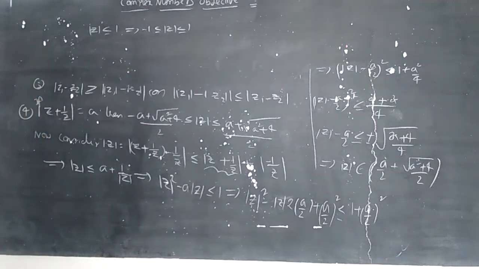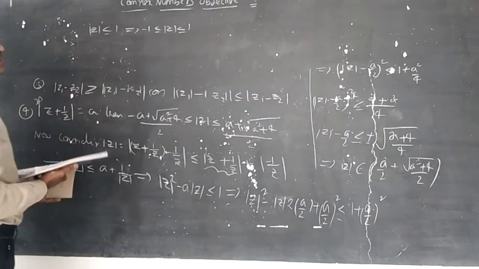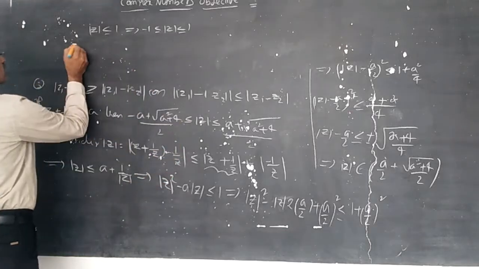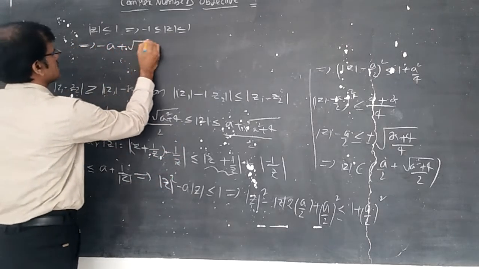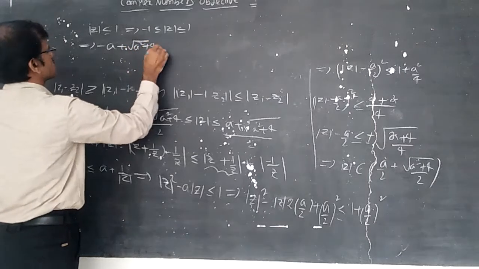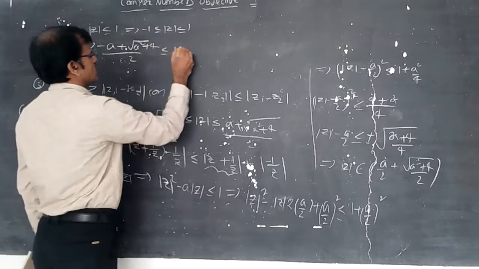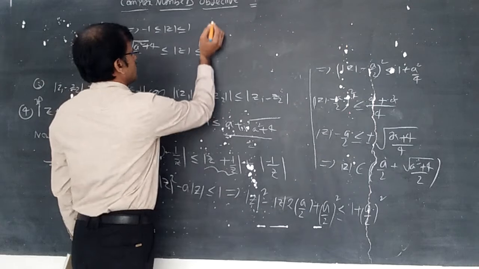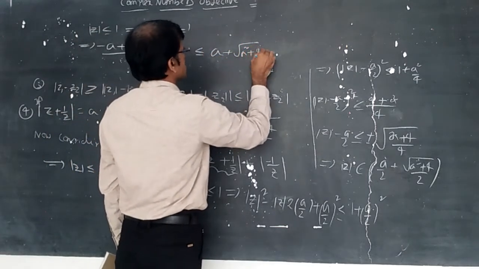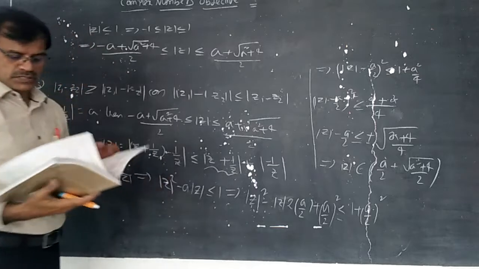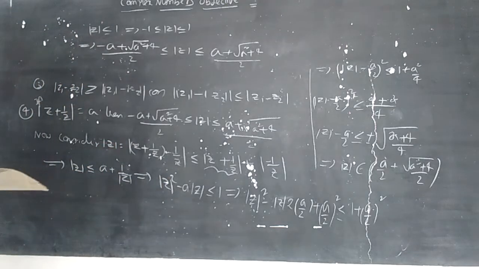For the modulus of a complex number, it is indicated as (minus a plus root of a square plus 4) by 2 less than or equal to modulus of z less than or equal to (a plus root of a square plus 4) whole by 2. This is the theorem. Depends upon this one.